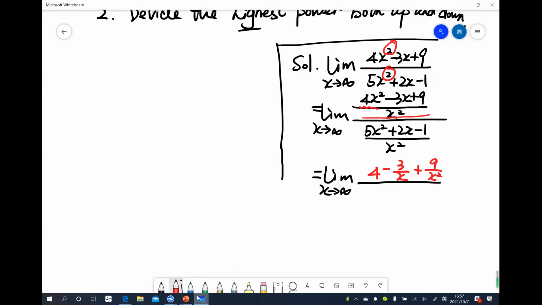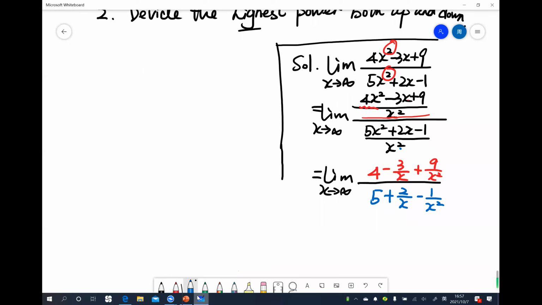And for the denominator, we also use the same rule, writing it part by part. Here that is 5, plus, cancelling one x, 2 by x, and then minus 1 by x squared, right? So now we have this new form.